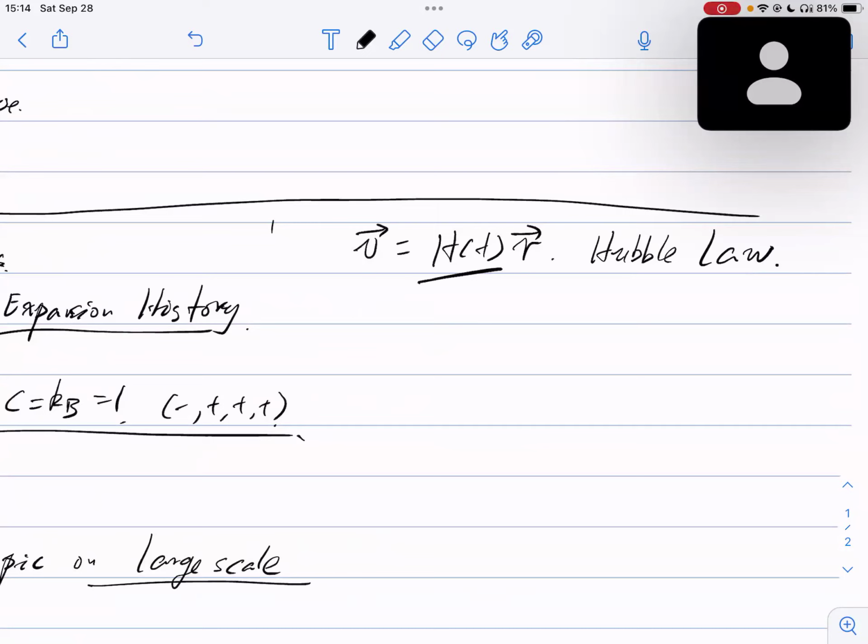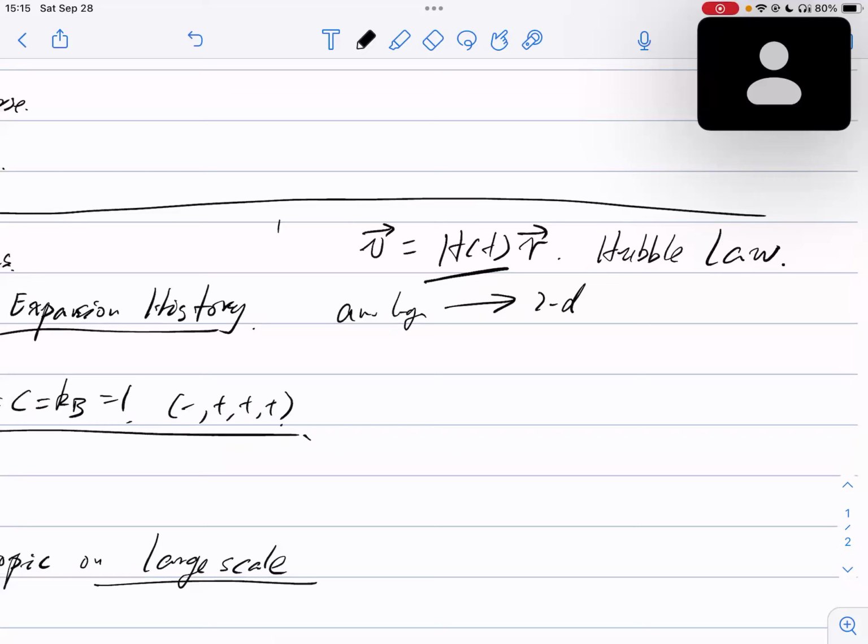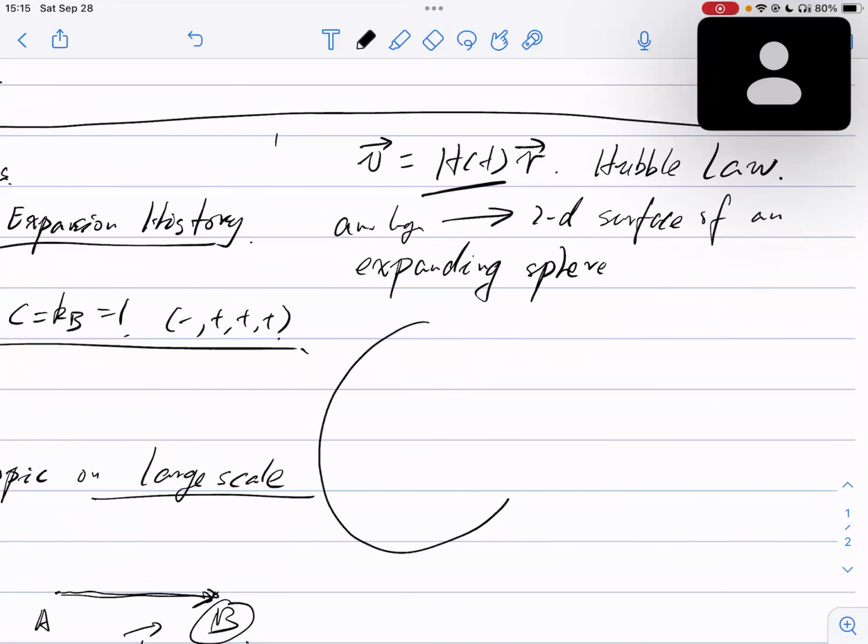In the three-dimensional expanding space, maybe it will be difficult to think about it, but we can make an analogy to a two-dimensional surface of an expanding sphere. Let's make a picture.